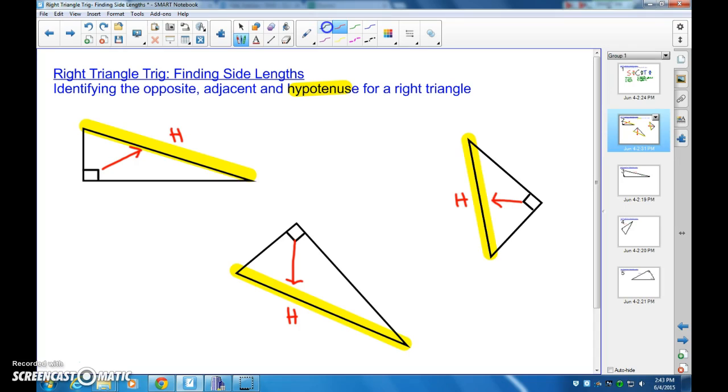Okay. The ones that depend on where you're starting from are the opposite and the adjacent. So if I give you an angle here, that's the position you're in. I like to think about putting my eyeballs there and saying, if I'm staring through that angle, where is the opposite side and where is the adjacent side?